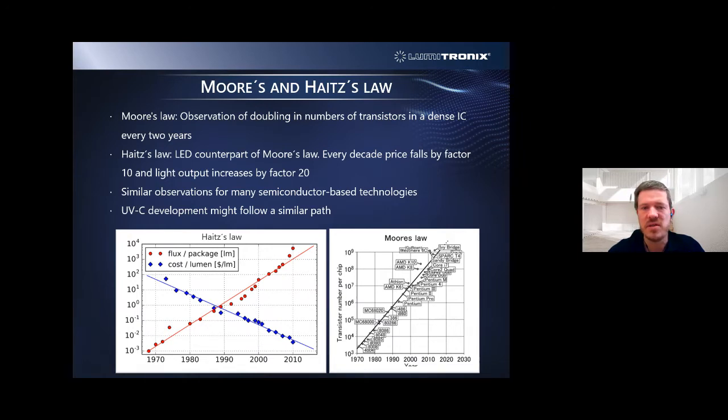Similar observations have also been made for other semiconductor-based technologies, and we assume that UVC development might follow a similar path. So this is not a real physical law, actually. It's just an observation of the development of this technology, and it allows us to have some presumptions of the future development.